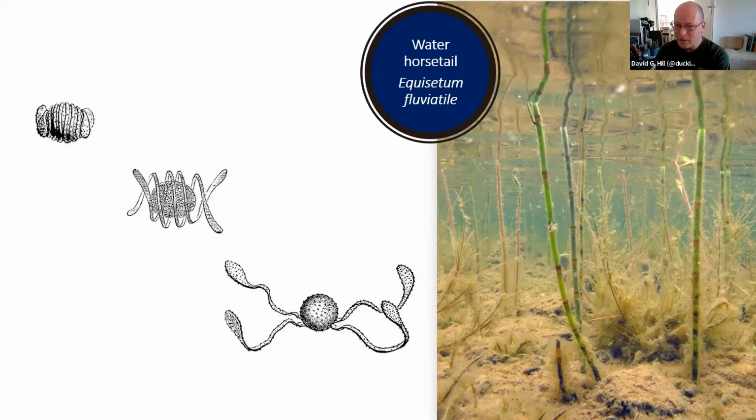You can see there's quite a bit of algal growth on the bottom of that photo, and that may be affecting its reproduction. It can grow vegetatively, so it will creep through the lake bed, but I'm not sure that the gametophyte stage is able to cope with the algal increase.